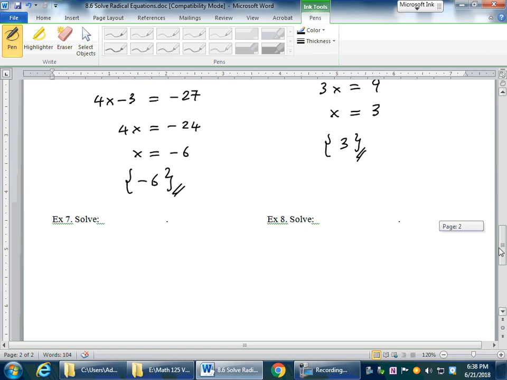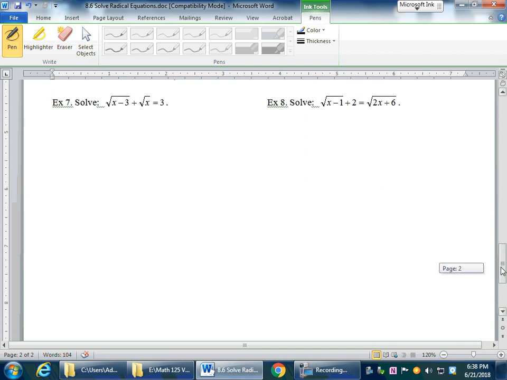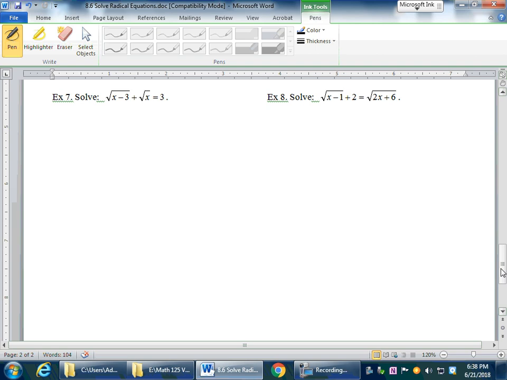Moving on to the last two examples, which have multiple radical terms in each case. As usual, the very first step is to isolate one radical term by itself on one side.